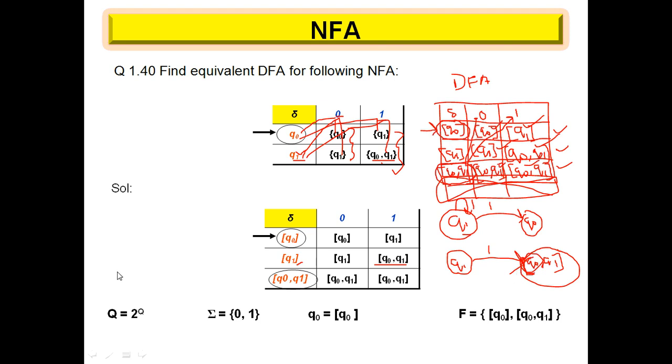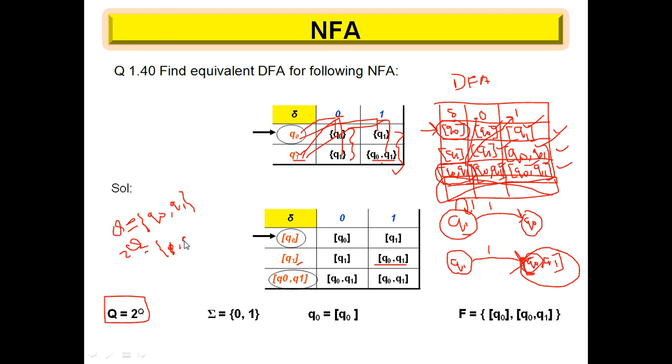And one thing more, see what is written? We have 2 to the power Q states. How many states would be there? 2 to the power Q states in case of DFA. In NFA we have the states Q0 and Q1, so we have 2 states in case of NFA. And in DFA, if we take the power set of this, we know this. If you don't know how to calculate this, please watch my previous video. So here 2 to the power Q means how many states we have?